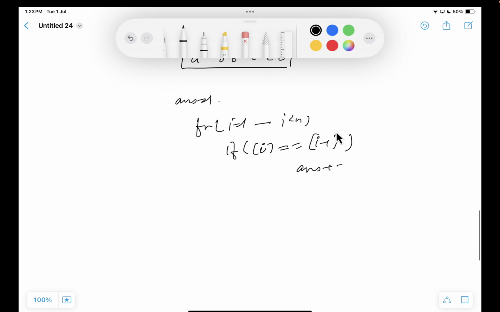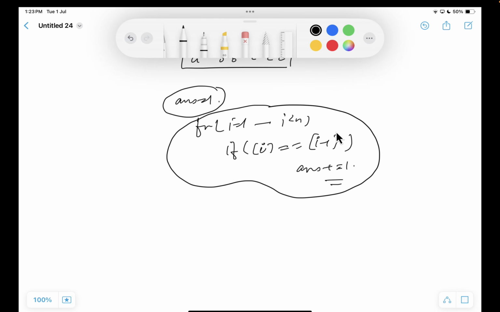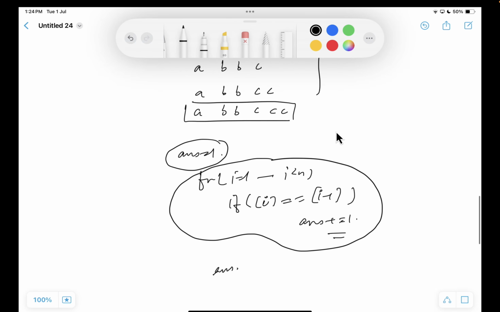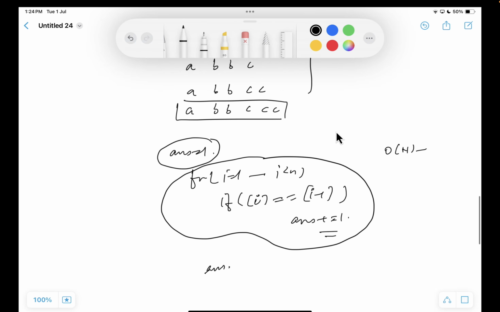So answer is 1 plus equal to 1. Answer is 1 initially, and for every single match I am adding 1, and in the end return answer. Order of n time solution and order of 1 space.